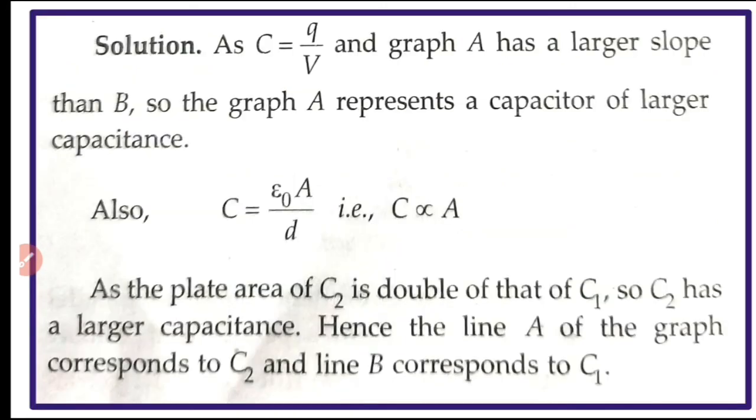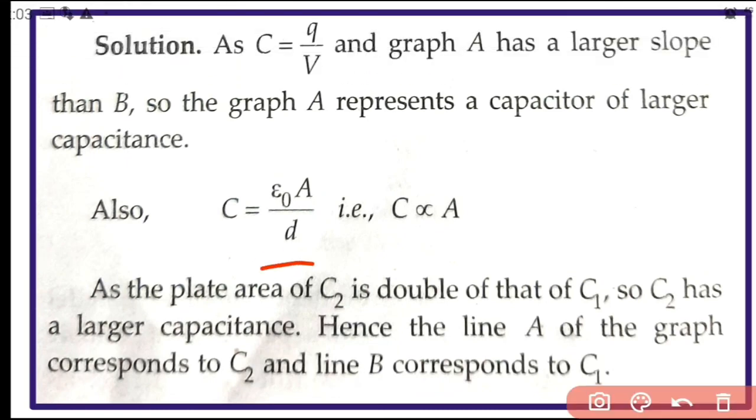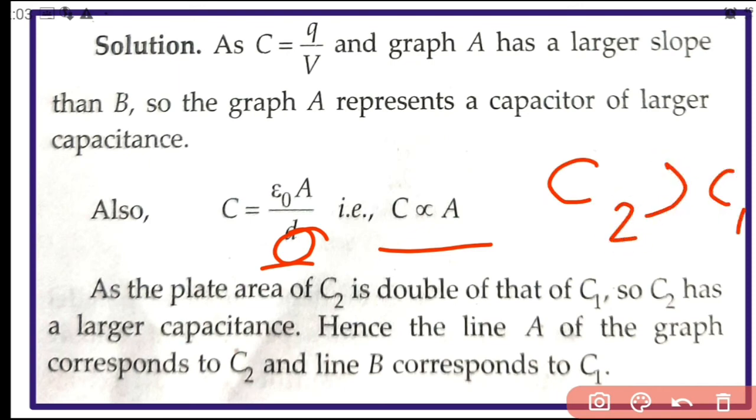As per our equation, C is equal to epsilon 0 A by D. So for constant D, C is proportional to A. Larger the area, larger will be the capacitance. So plate area of C2 is double than that of C1, so the capacitance of C2 will be more than C1.